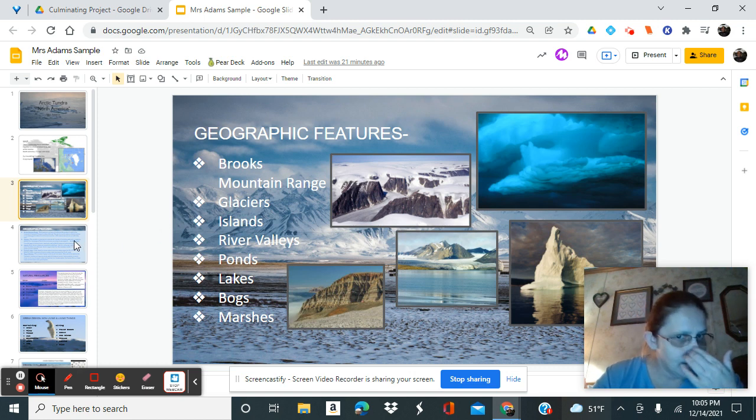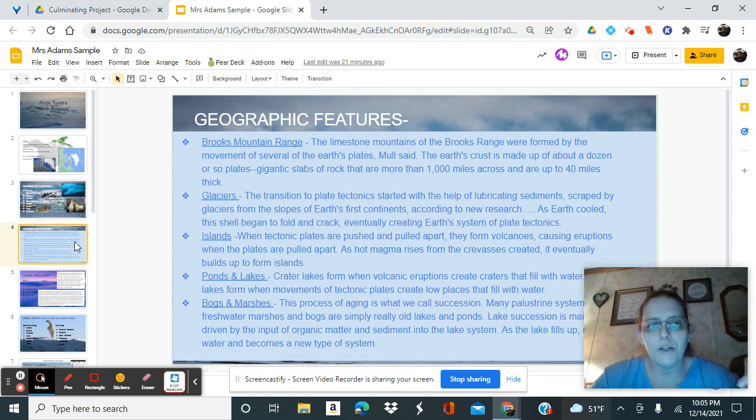And what I did was I duplicated this slide, took out my pictures, and then I went and I did some research and I did my research on Brooks Mountain Range and tectonic plates. And so what I found was that the Brooks Mountain Range were formed by the movement of the Earth plates. And then the Earth's crust is made up of a dozen plates.